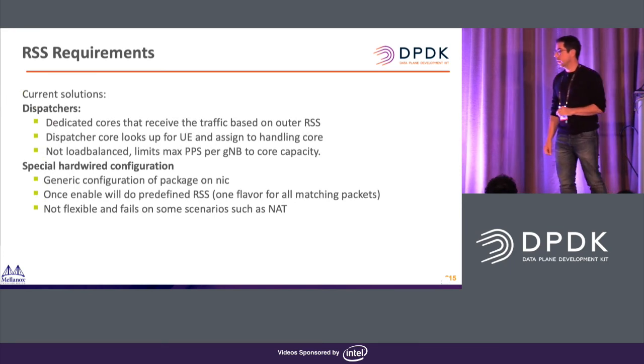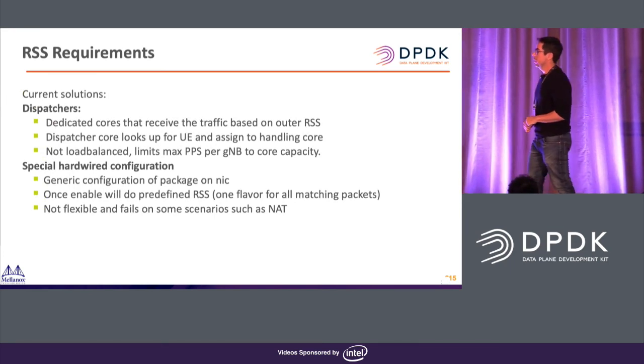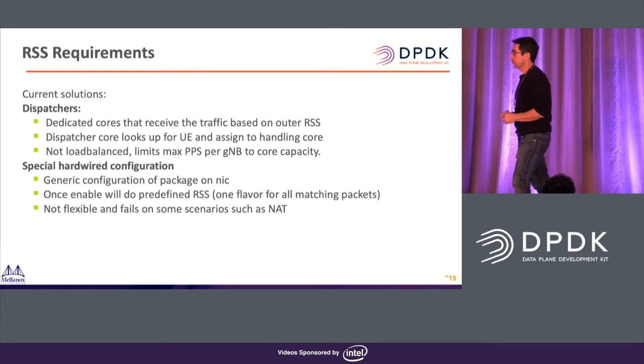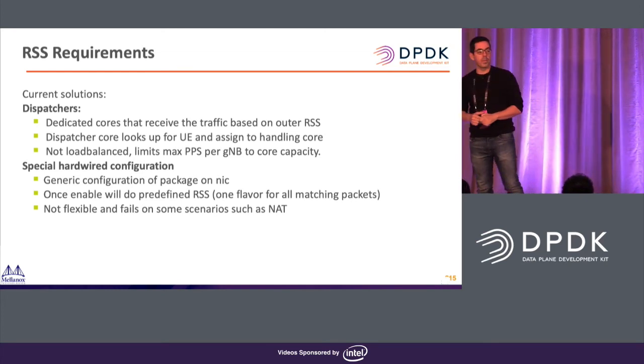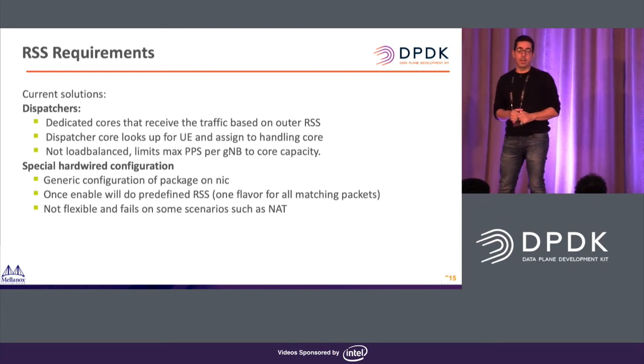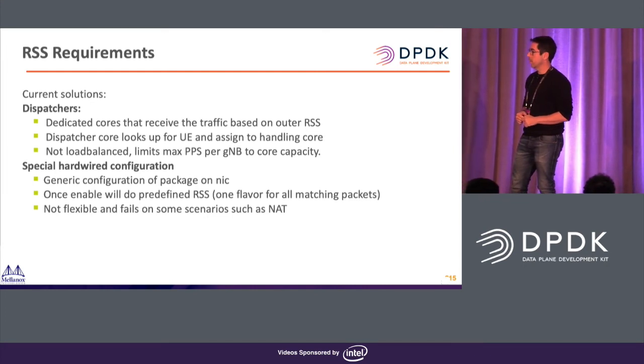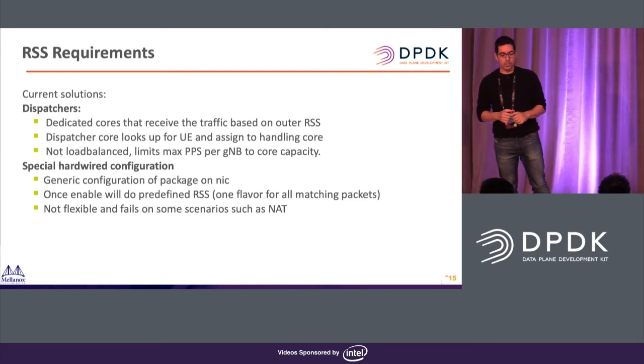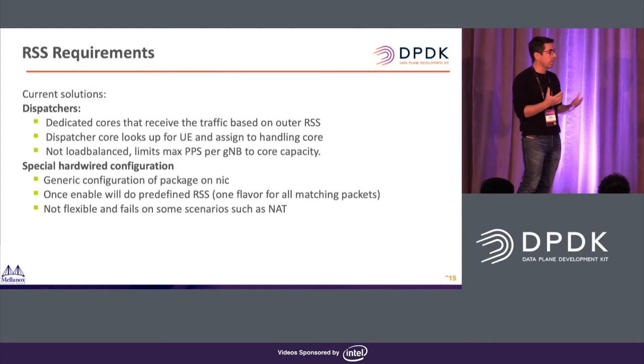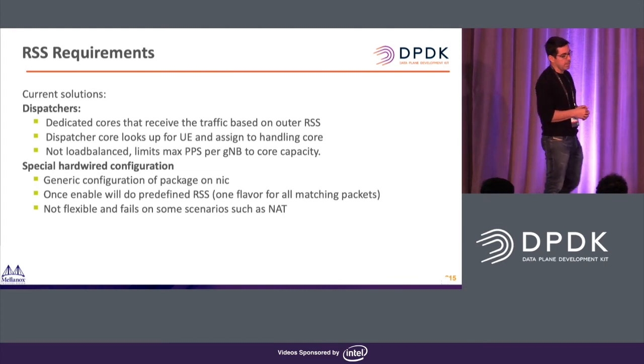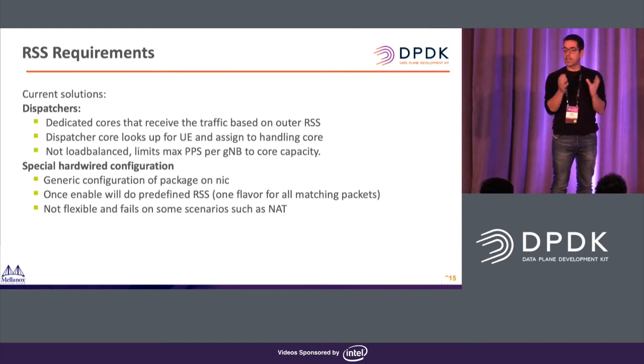So what VNF providers, people that do security, user plane function and 5G, do now is have dedicated cores. You do the traditional RSS, and the packets go to a dispatcher. This is a dedicated core.